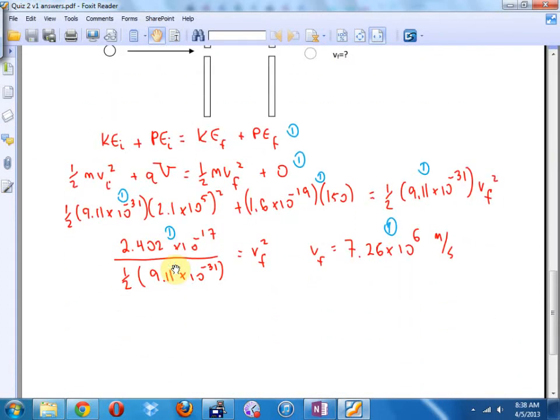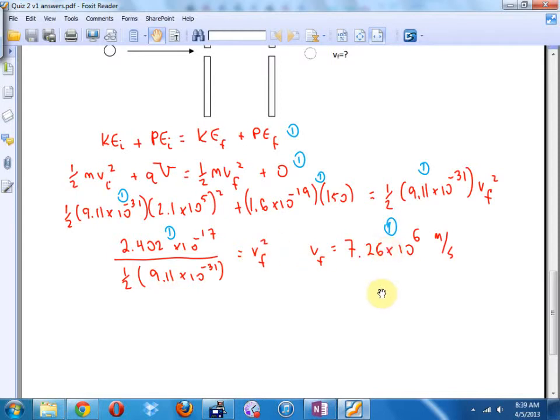So, crunching the numbers, we have a half mass, it's an electron. Initial speed, potential energy is QV, so electron times 150 equals a half mv squared. I crunched all this and got an answer, then divided by a half and divided by the mass to get V final, and then the square root.